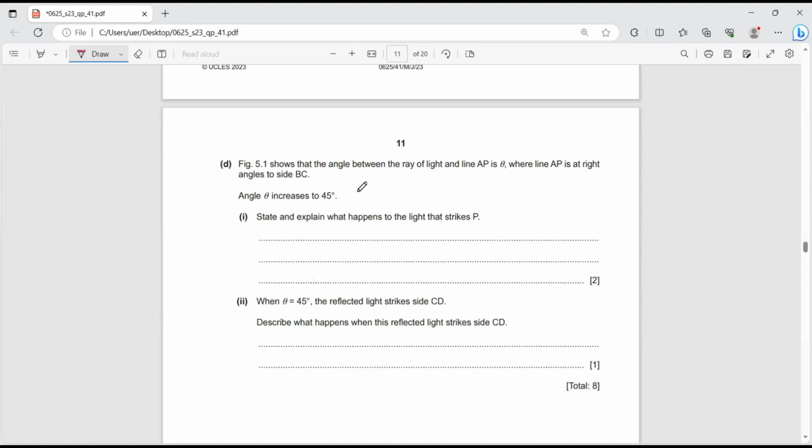Total internal reflection occurs. All the light is reflected instead of refracted, because the angle of incidence is greater than the critical angle.